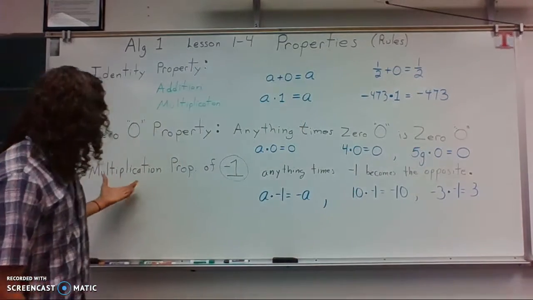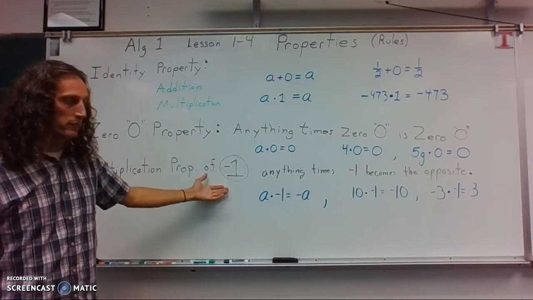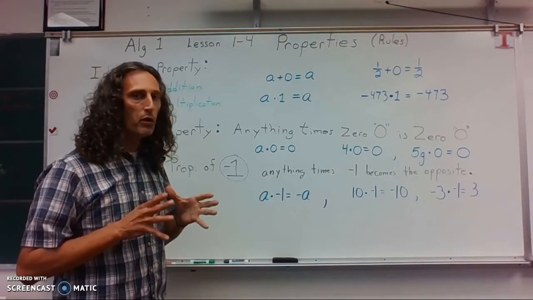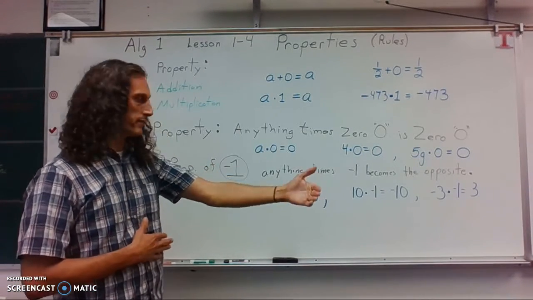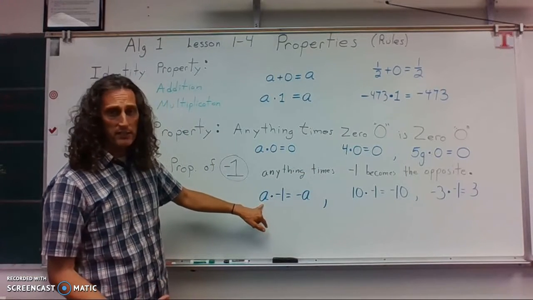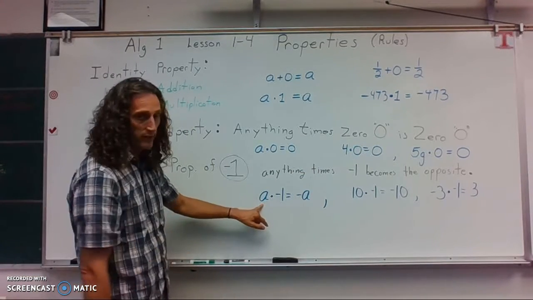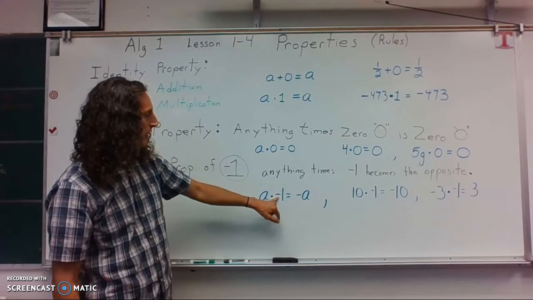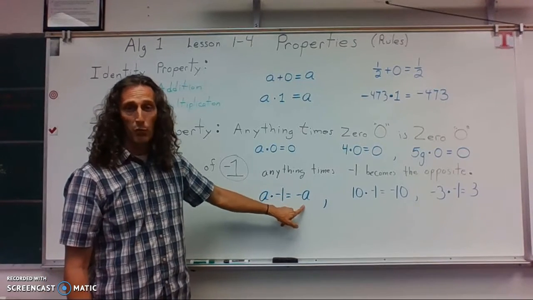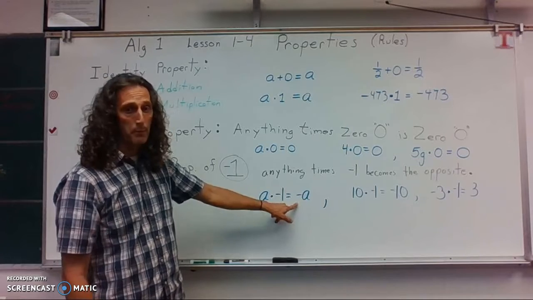Then we have the multiplication property of -1, which basically just states anything times -1 becomes its opposite. So again, I have the letter A. It looks positive because there's no negative sign in front of it. But if I times it by -1, I can say -A or -1A. It changes it to its opposite.